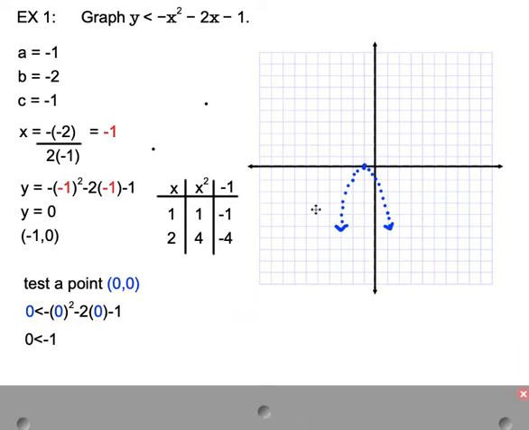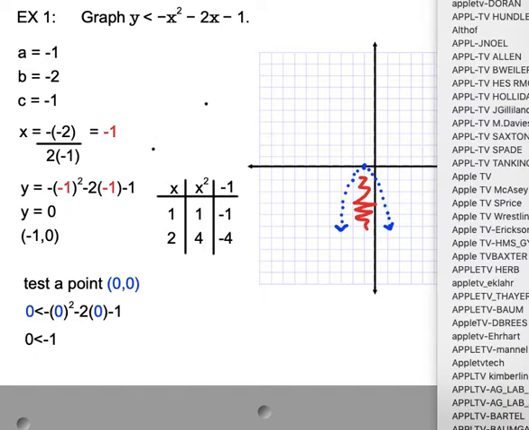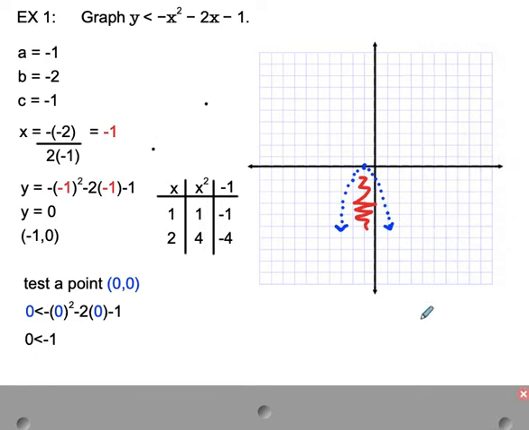It is false. So 0, 0 does not work. Since 0, 0 does not work and it is on the outside, I have to shade the interior of my quadratic. Remember, the arrows mean it extends forever. The shading represents the interior, where I could find any solution that would work in this problem.